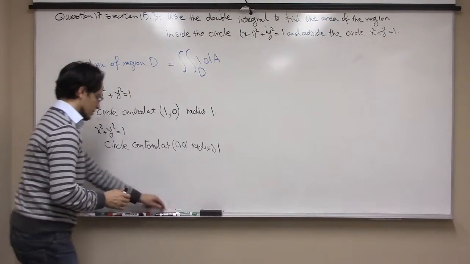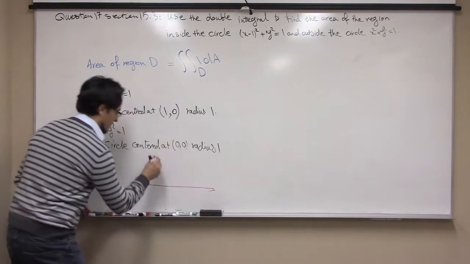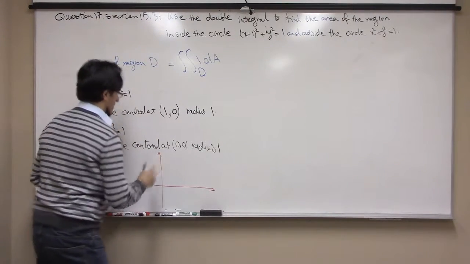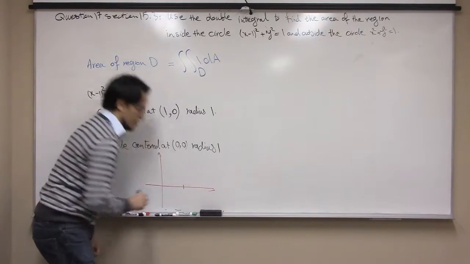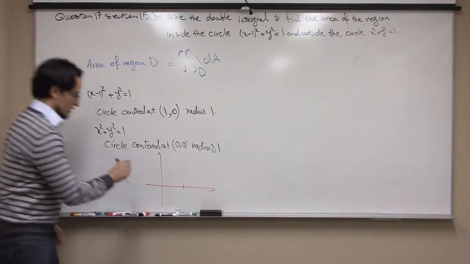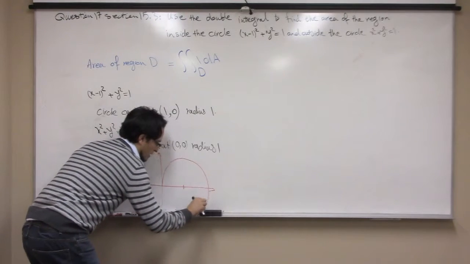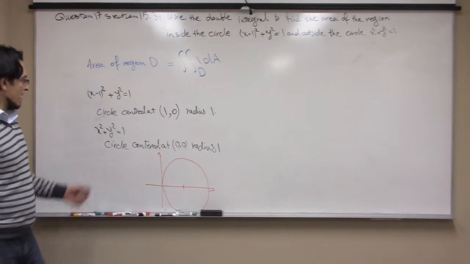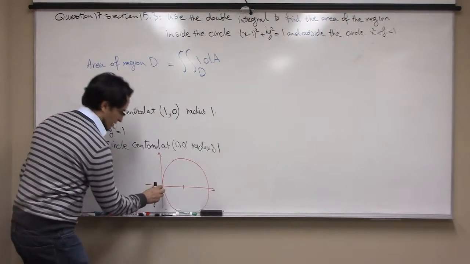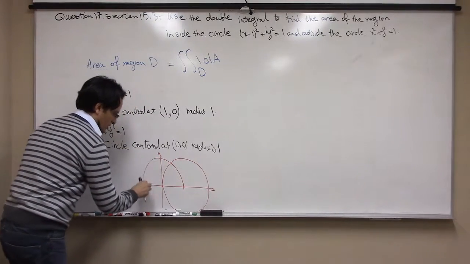So if I try to draw the graph of that region, so this one, the center is 1, 0. The radius is 1, so it will touch the origin, and that's the 1. And this other circle centered at 0, 0 touches 1, 0.